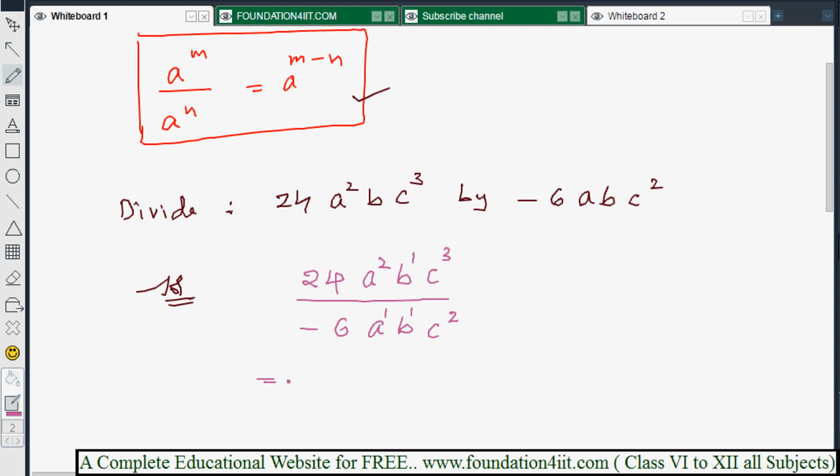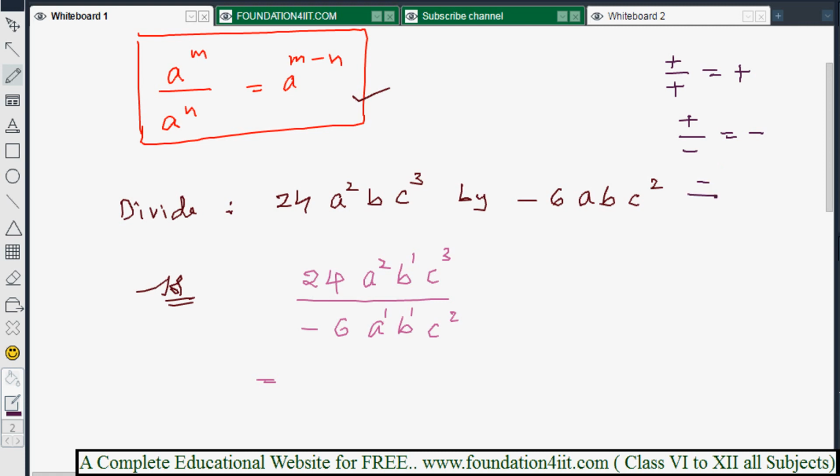Now first of all we need to separate the sign and number. Here we have the same rules as we applied in multiplications. Plus divided by plus is a positive one. So you already know the rules: plus divided by plus, we'll get a positive number. If it is plus divided by minus, minus.